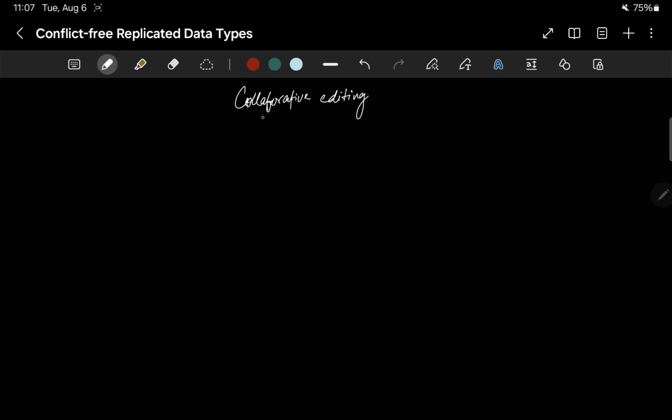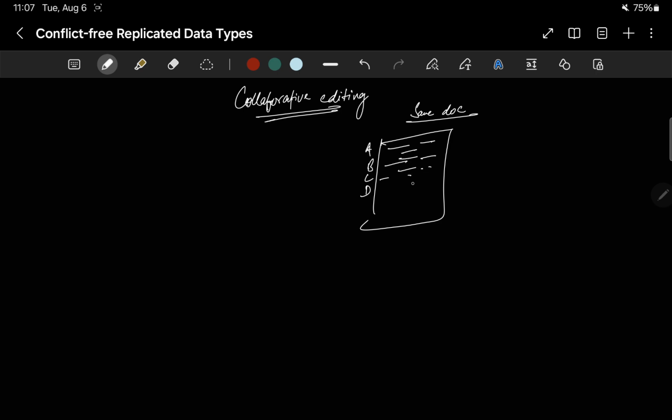Collaborative editing. So you must have noticed that while working on the same doc, if multiple people work, right? So let's say A is writing, B is writing, C is writing, D is writing, all are writing at the same time. Everybody sees that, okay, this person wrote this, this person wrote this, and in the order in which they are written, the same order is displayed, right?